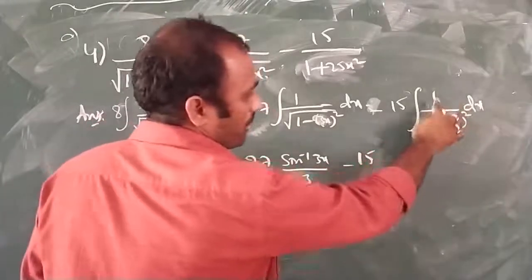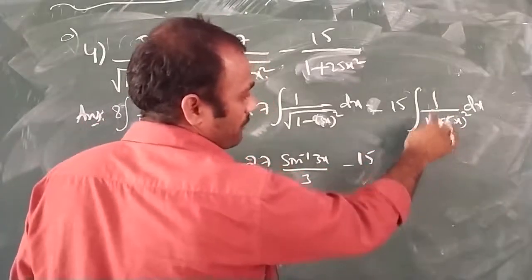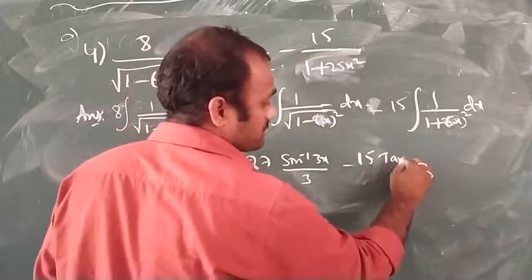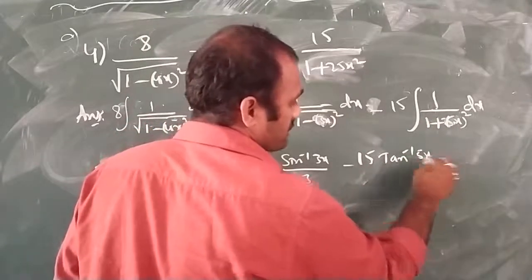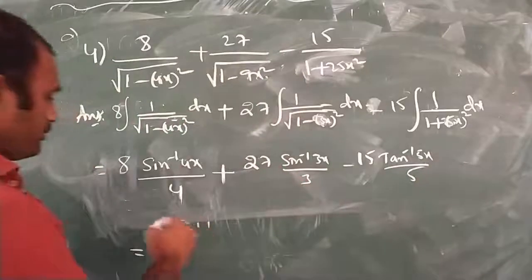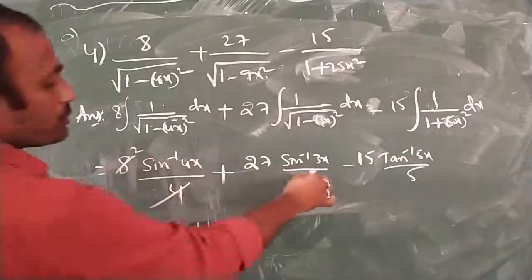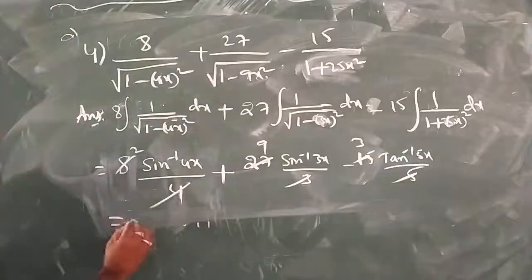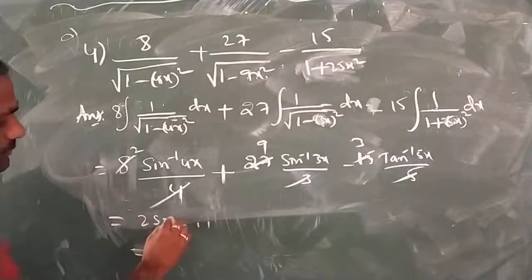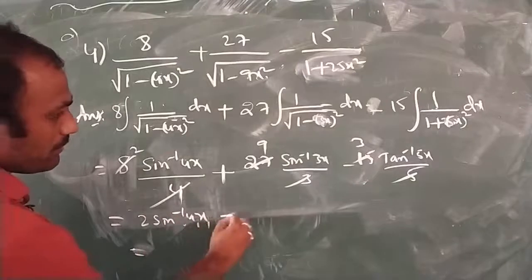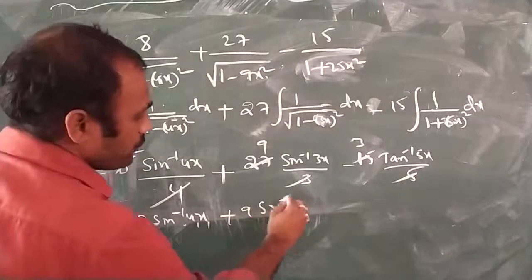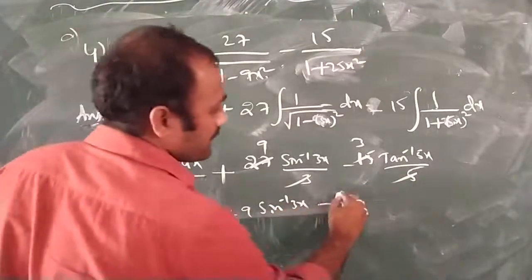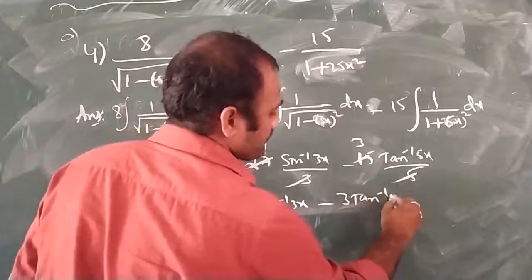This is in the format of 1 by 1 plus x square, whose integration is tan inverse x, so tan inverse of 5x divided by 5. So cancel here: 4 ones are 4, 4 twos are 8, 3 ones, 3 nines are 27, 5 ones, 5 threes are 15. So it will be 2 sine inverse of 4x plus 9 sine inverse of 3x minus 3 tan inverse of 5x.